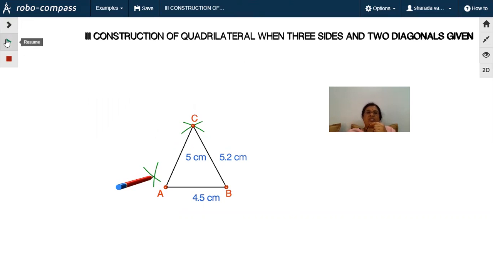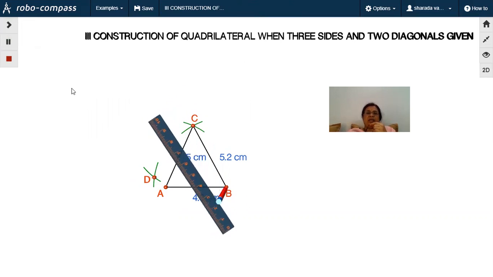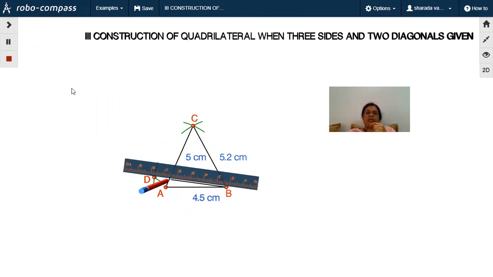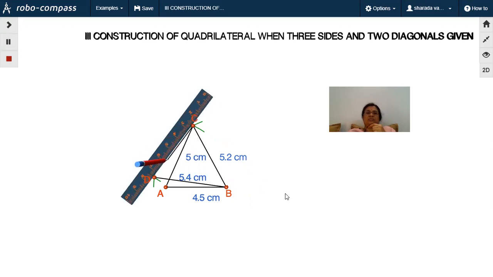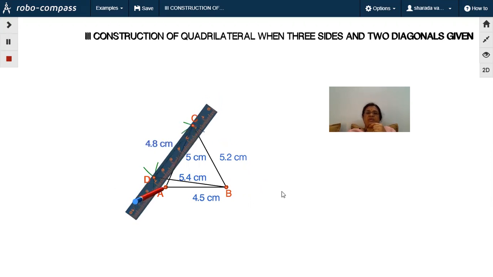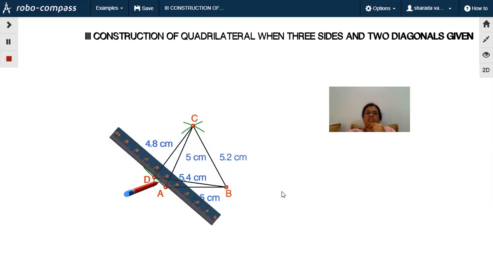Let the point of intersection be D. Now join BD like this and join CD also like this, and you have to join AD also, isn't it? Then only you can observe a quadrilateral, that is a four-sided closed figure.